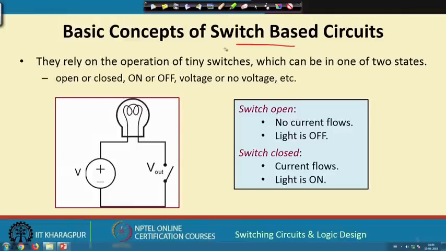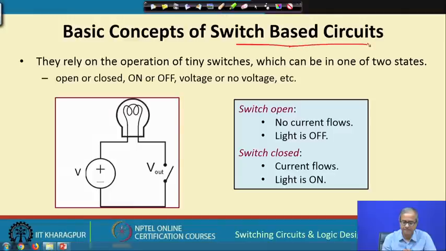So, so-called switch based circuits, they rely on the operation of miniature, tiny switches. Switches can be in two states, they are either open or closed. So, you know how a switch is. Equivalently, I am showing a bulb connected in a circuit with a power supply and a switch.